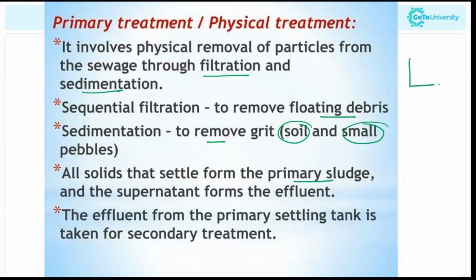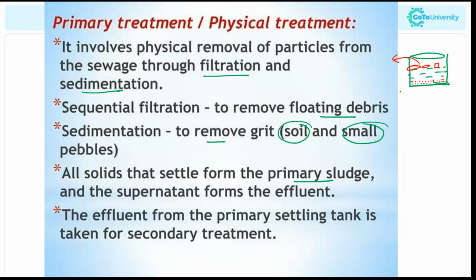If something is floating over the water body, you can remove all those things. That is sequential filtration. Now, if you find something settling down, like soil and small particles, you have to remove that in the primary treatment itself, by filtration.